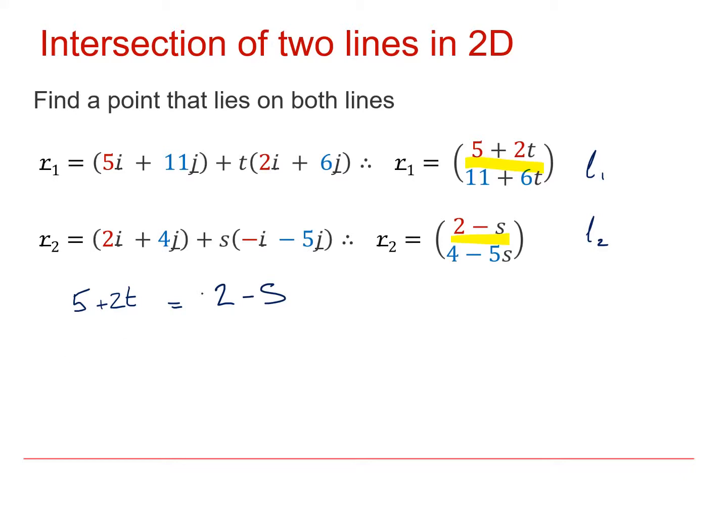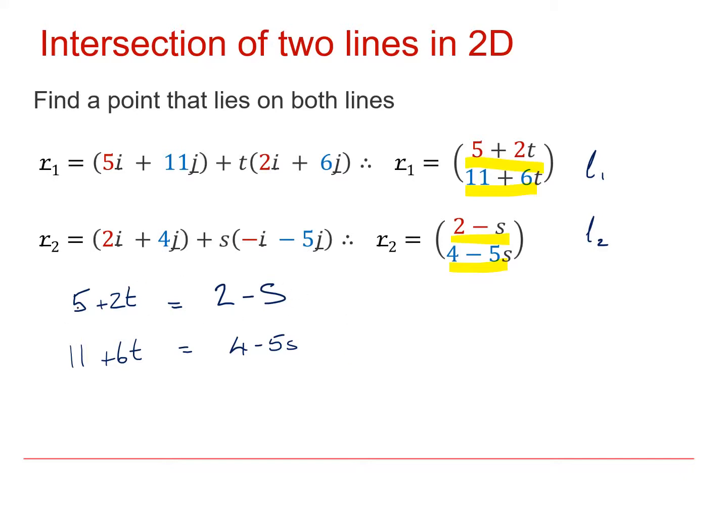The other thing I've got from the y component is 11 plus 6t is equal to 4 minus 5s.